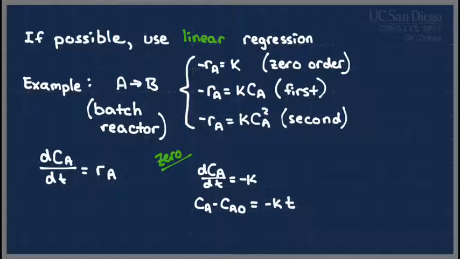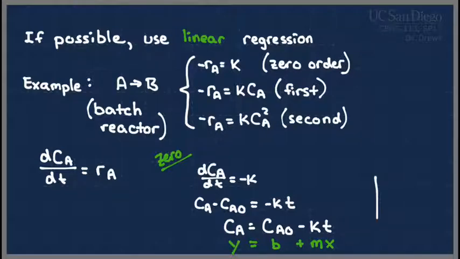We could rearrange that to get Ca is equal to Ca0 minus kt. And we now have that in a linear form, right? If we plot y being Ca as a function of t as our x value, then our slope will be minus k, and our intercept will be Ca0.